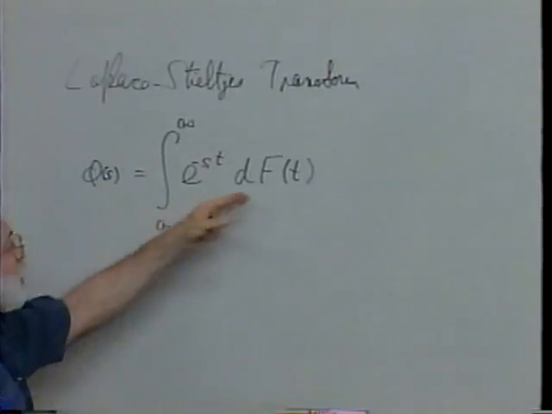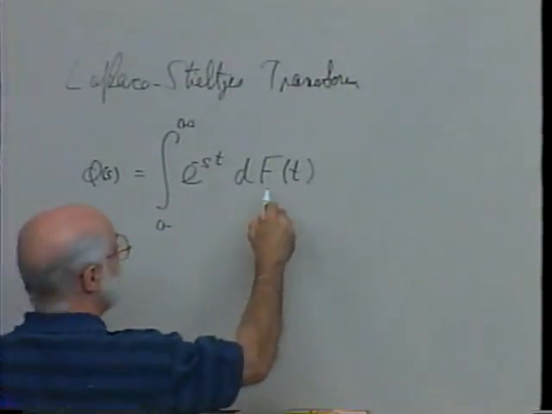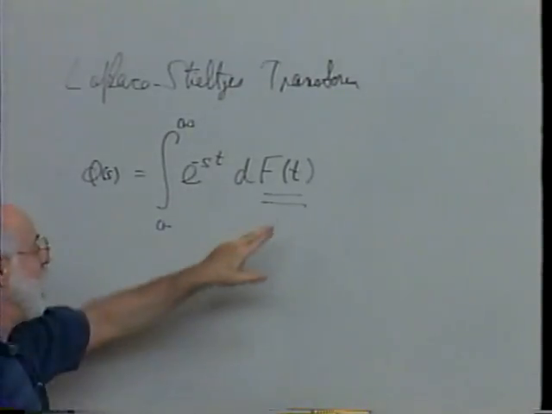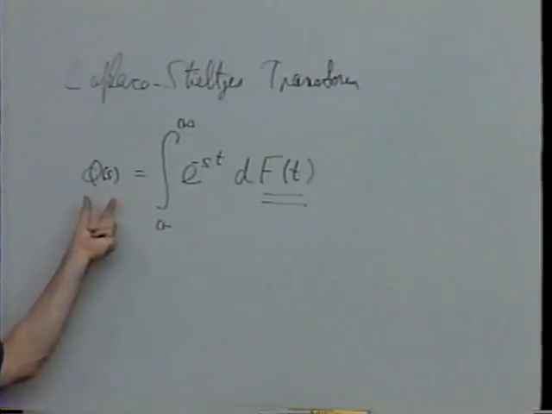And this is a transform, because what it does is take some function of one variable and turn it uniquely into some other function of another variable. You can say, well, so what? Who cares? The answer is that it'll turn out to be very convenient, because it's often easier to work with the transformed function than it is to work with the original.